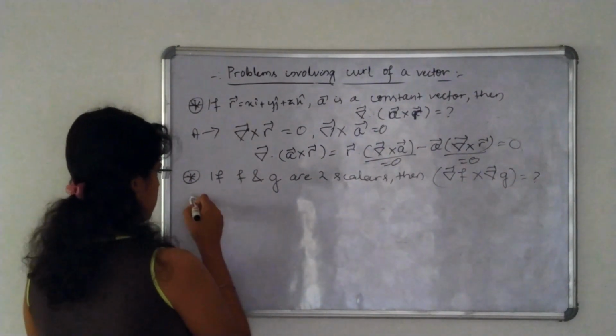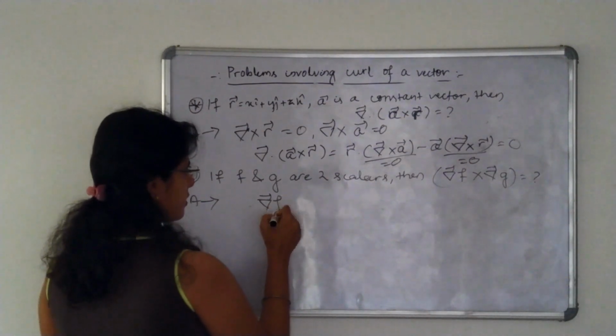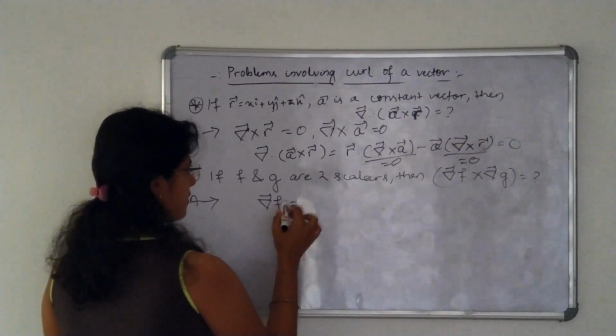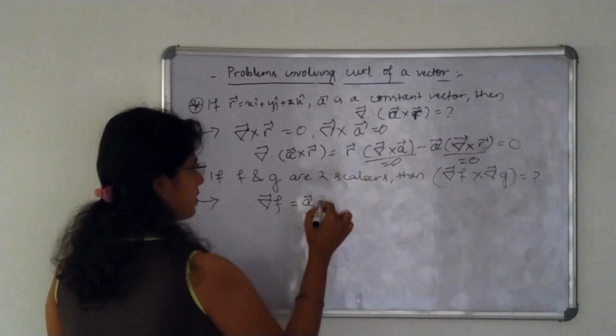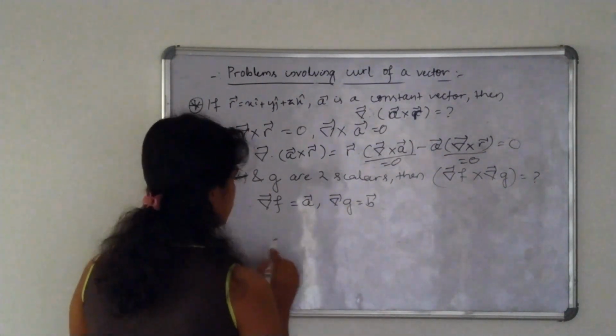So here we can take grad of f is equal to A vector and grad of g is equal to B vector.